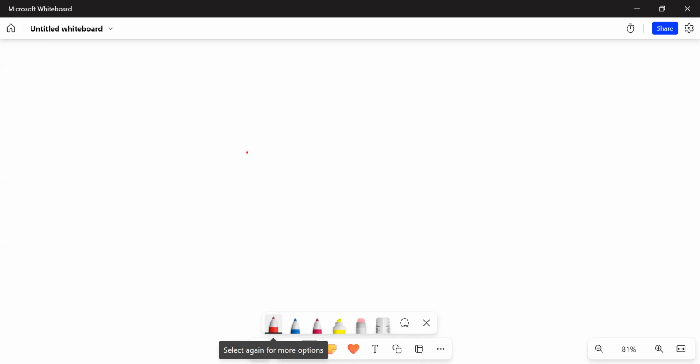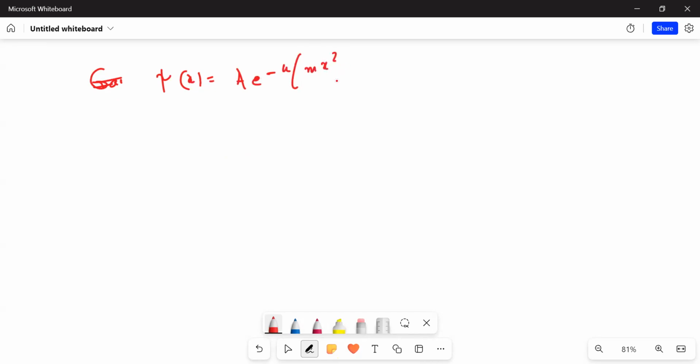Let us start with one of the most used wave packets, or you can say wave functions, that is the Gaussian wave function. Let us start with this wave function: psi(x) equals A e to the power of minus a m x squared upon h-bar, plus i t.